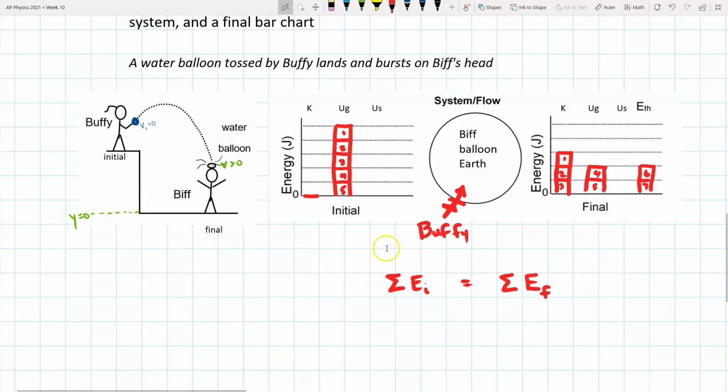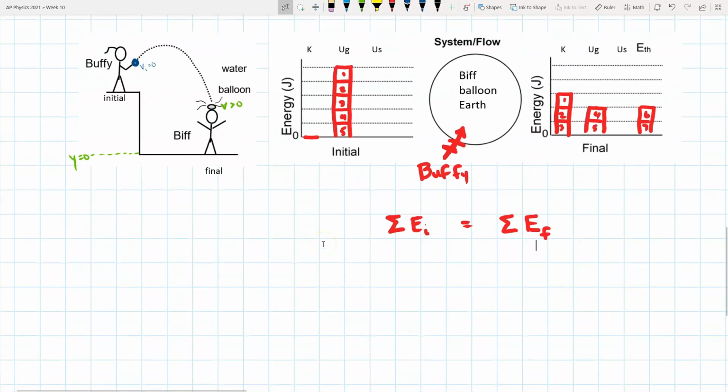Right? So let's take a look at what we have here. Initially, the only energy we have here is initial gravitational potential energy.